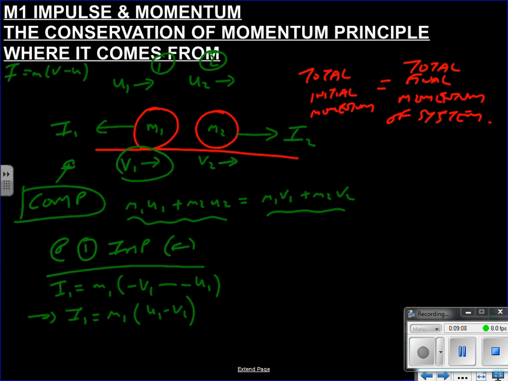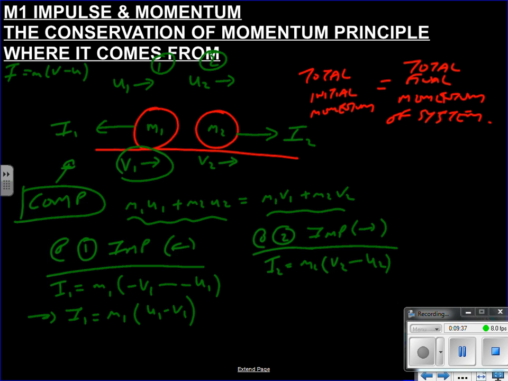Do you see? If we do the same at 2, IMP, this is going to go to the right. So to the right, I2 equals mass 2 times velocity 2, which is going to the right, minus the initial velocity of M2, which is going to the right. So it's just a straight I equals mv take u situation.